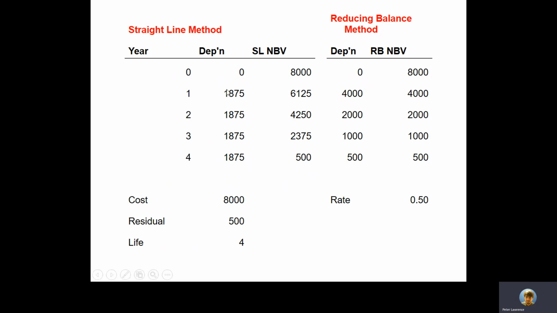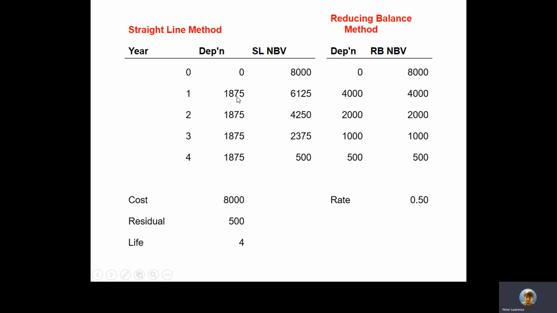So the straight line method is the same expense every single year, whereas the reducing balance method goes down every year because the net book value goes down. However, you can see that they both end up at £500 as a net book value over the 4 years. So they're both exactly the same.